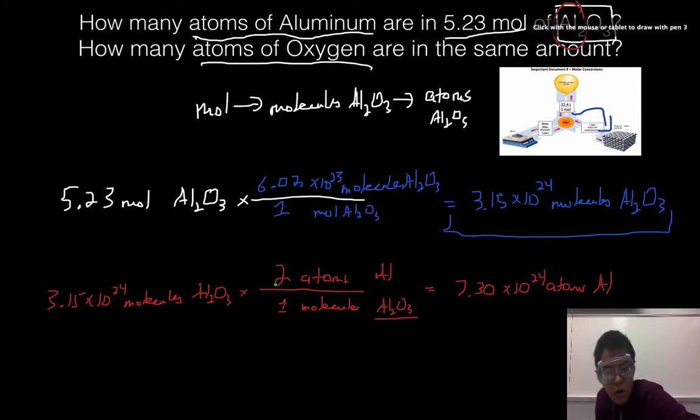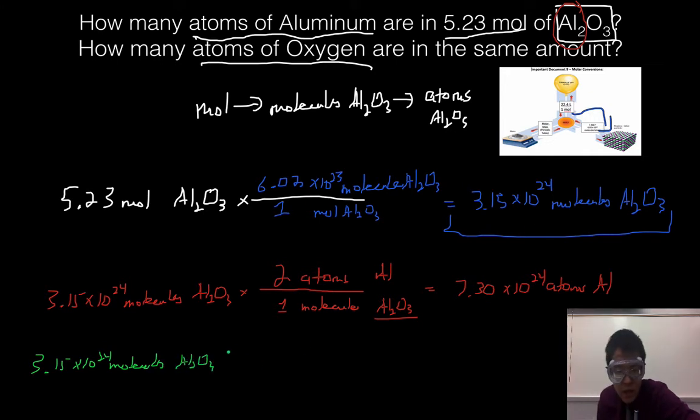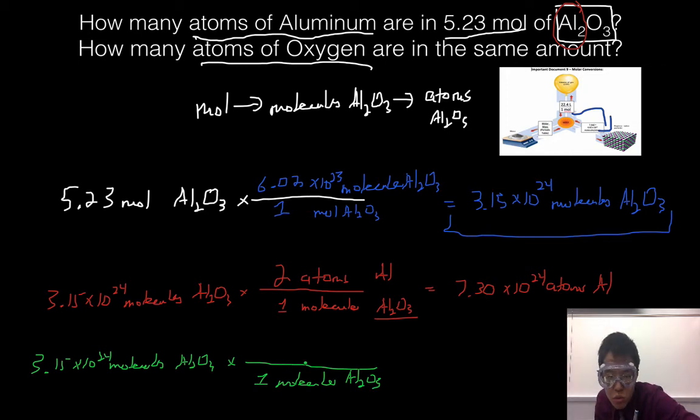Now, we can do the same thing except for oxygen. I still have 3.15 times 10 to the 24th molecules of Al2O3. I figured that out from above. And I know in one molecule of Al2O3, let's see, how many atoms of oxygen?